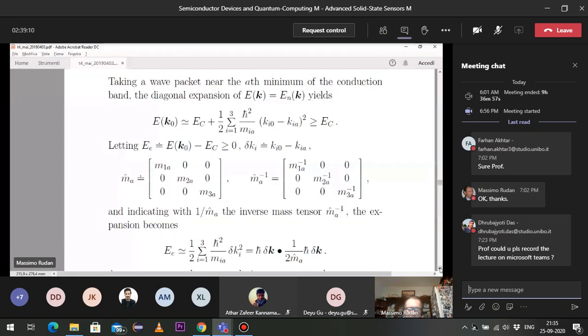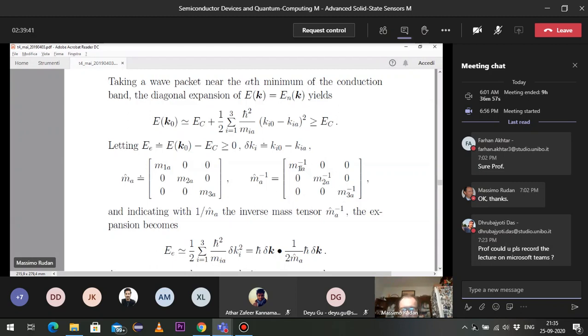So the inverse elements are those that can be grouped in a matrix, as you see on the right here, okay? So 1 over M1A, M2A, M3A are considered as the diagonal terms of a matrix or of a tensor, and this is called the inverse mass tensor, okay?